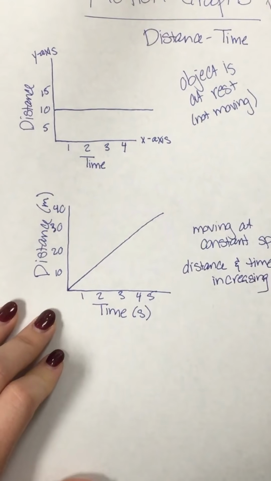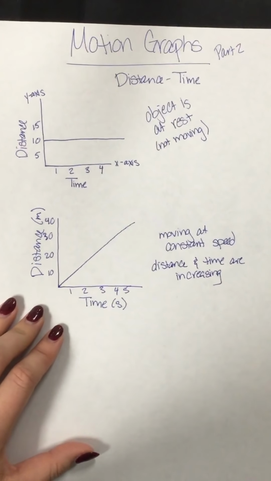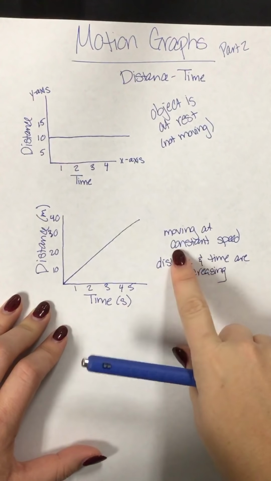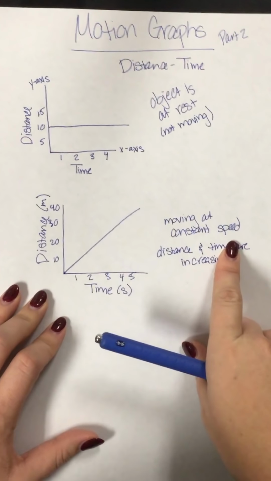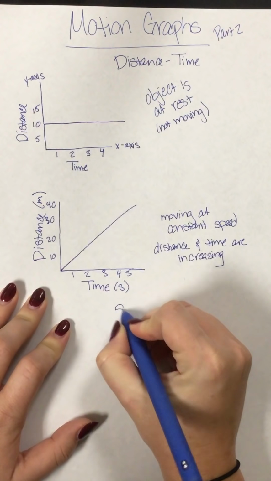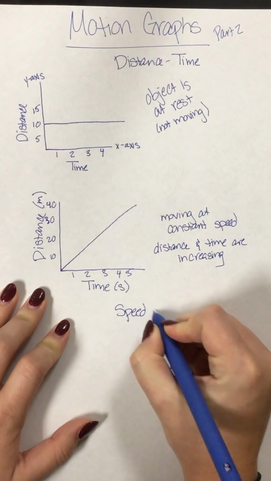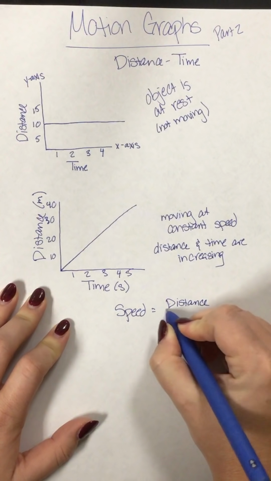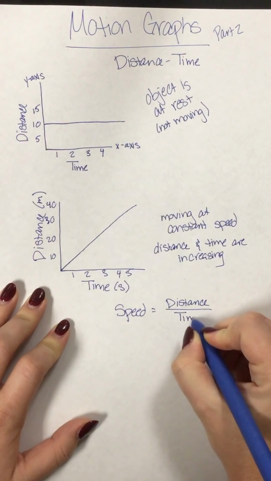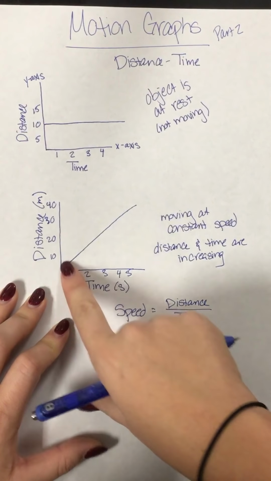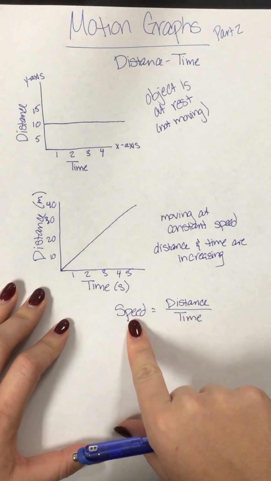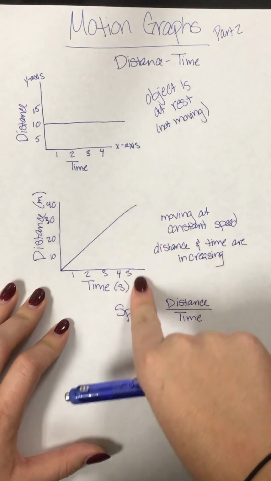This may be a little confusing, sorry about that, because we're plotting distance and time. So how is it that we know that it's moving at a constant speed? Well, we can't forget that we calculate speed by taking the total distance traveled and dividing it by the total amount of time. So even though we're plotting distance and time, we can calculate this object's speed if we're given the distance and the time.